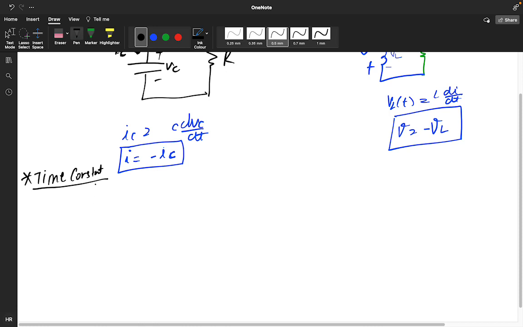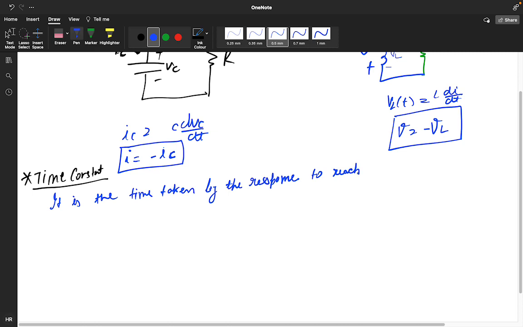It is the time taken by the response to reach 36.7% of its initial value while discharging or decaying.